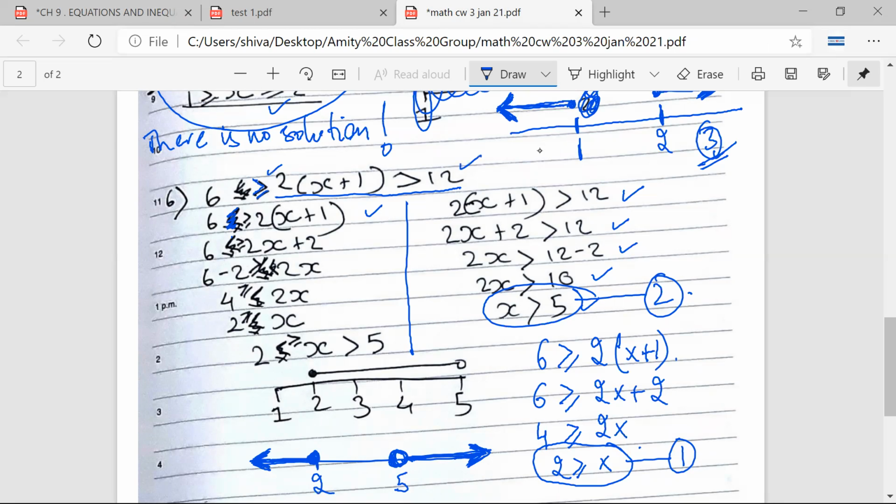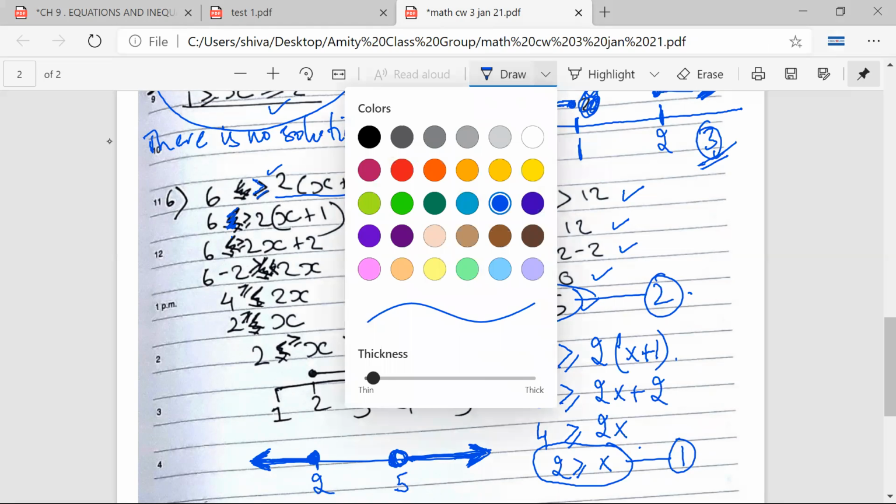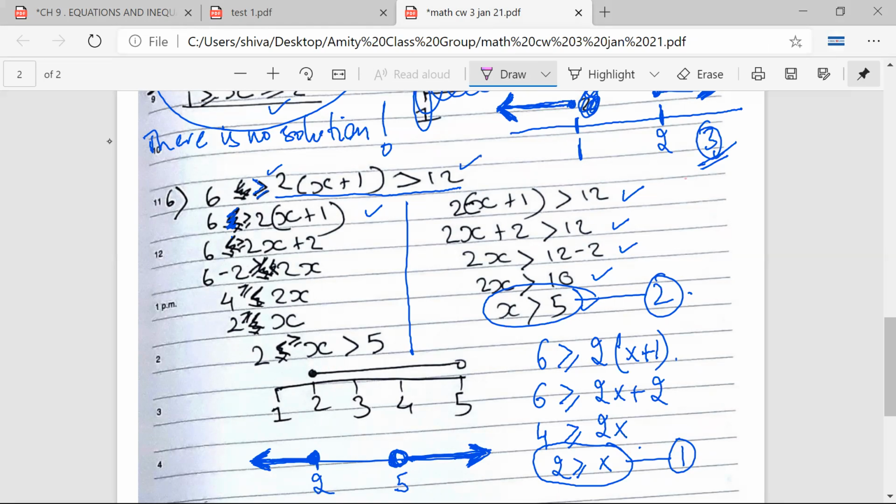So all I'm trying to tell you is that you need to look at both the conditions, and both the conditions should be simultaneously satisfied. Soumya, any doubt? No, sir. So this part of your inequality is saying that x is greater than 5. If x is greater than 5, this is how it will look. Perfect.